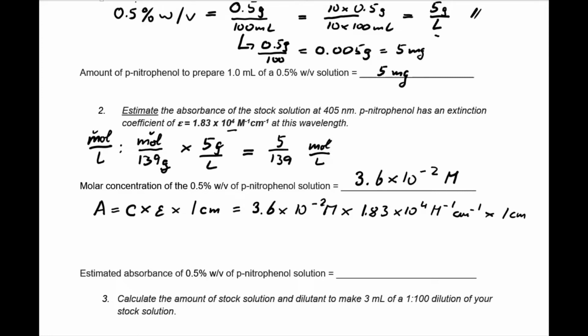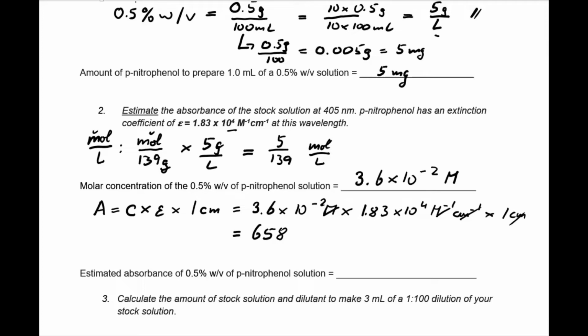So in terms of units, the centimeter cancels out, the molar cancels out, and we have a unitless number for our absorbance. And if we put that into a calculator, we will get something around 658 absorbance.